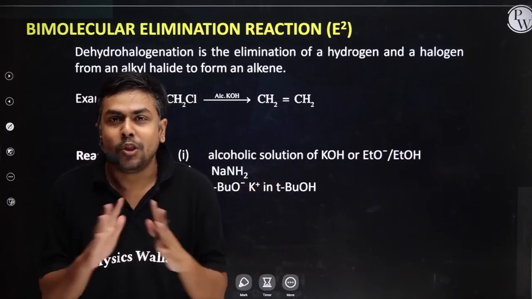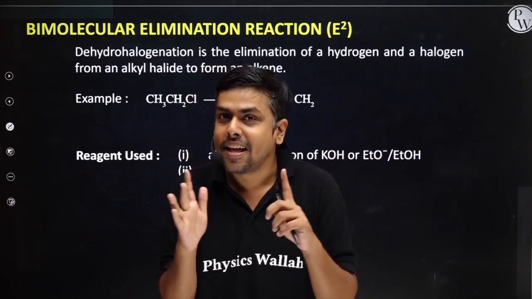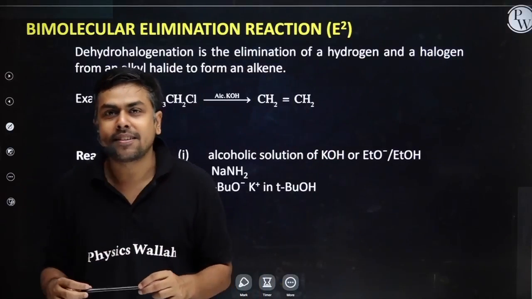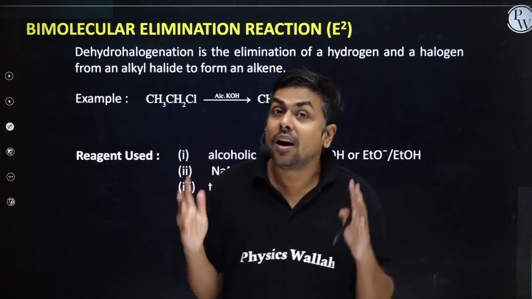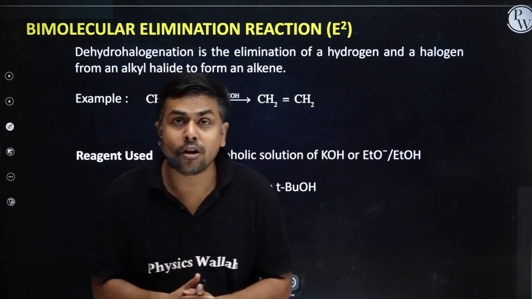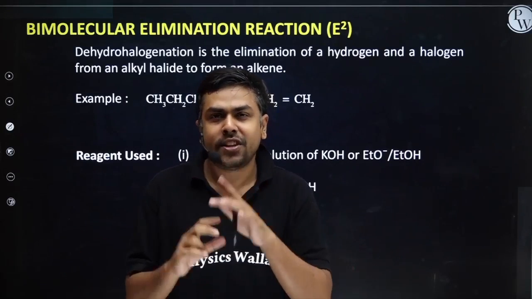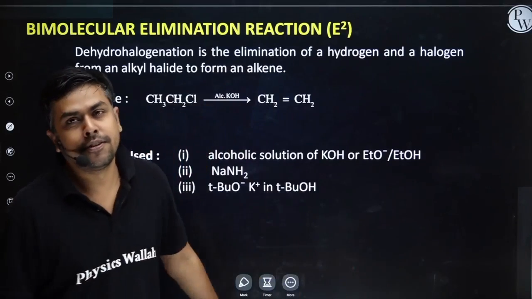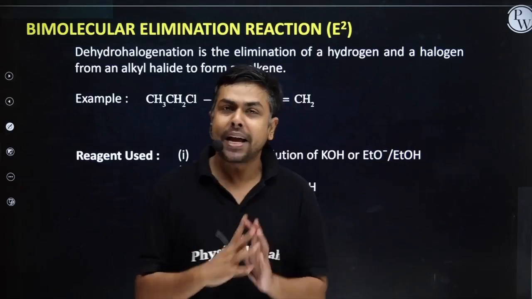Am I clear? No formation of carbocation, no formation of carbanion. Am I clear, students? Such reactions are similar to SN2 type of reaction. The reaction occurs via the formation of transition state itself. No intermediate involved.